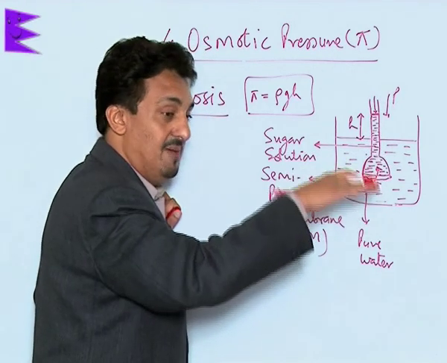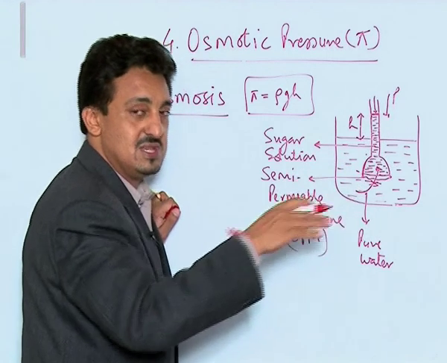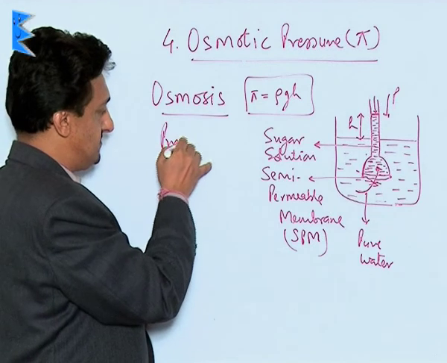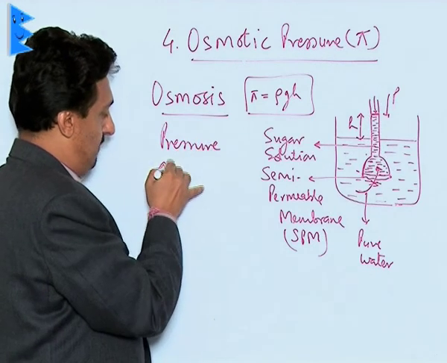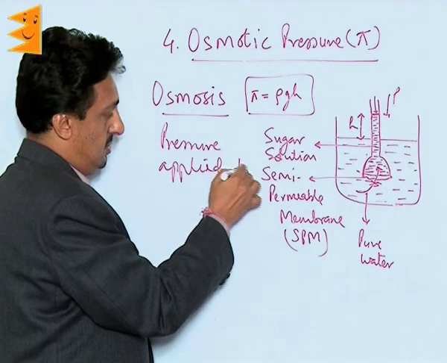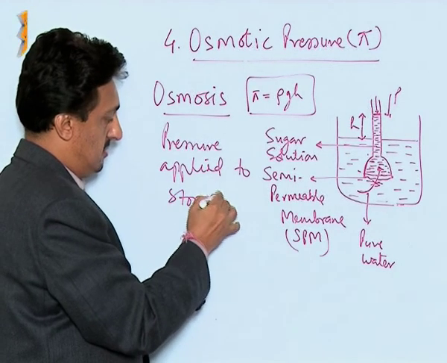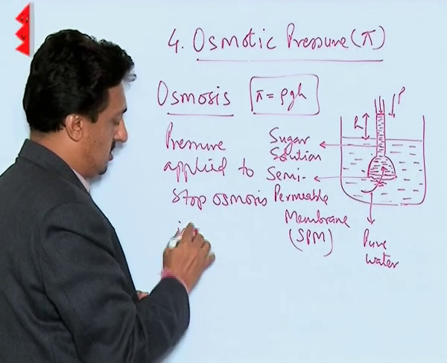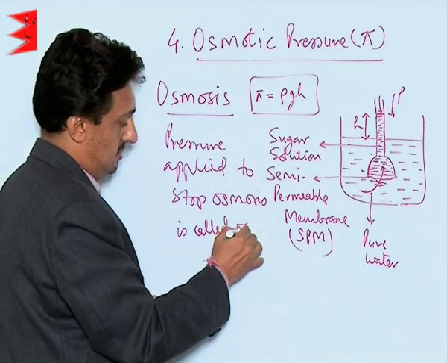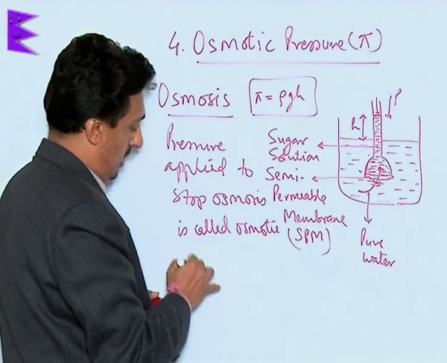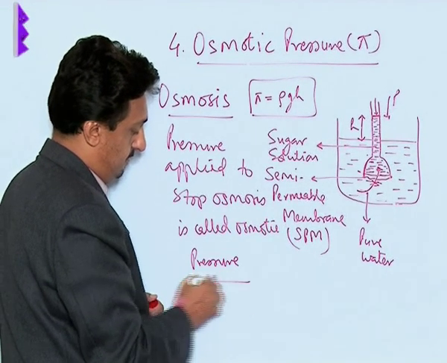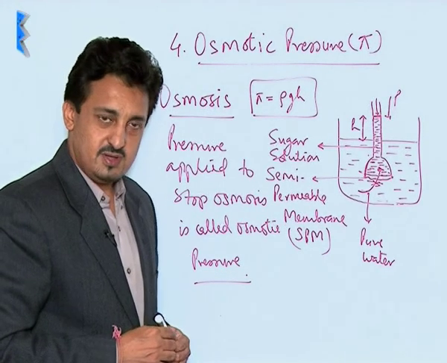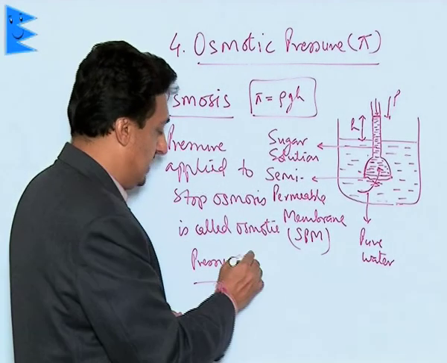So the pressure applied to stop osmosis is called osmotic pressure. This is most important. It is given the symbol pi.